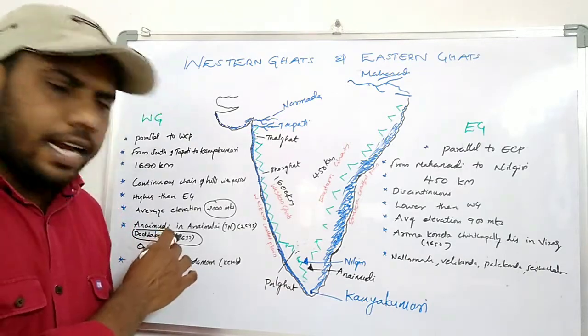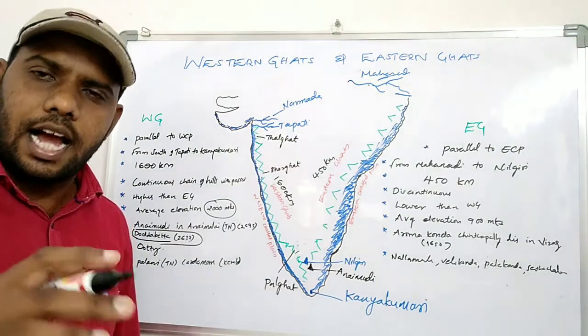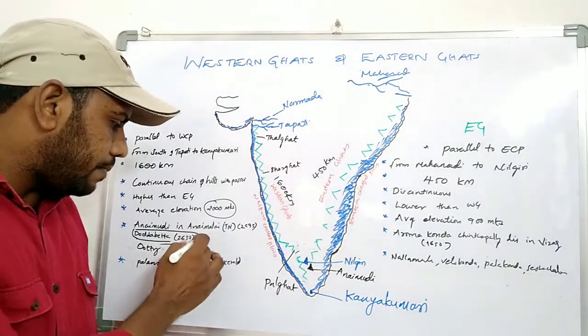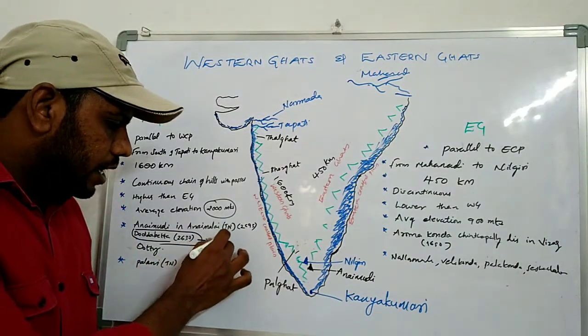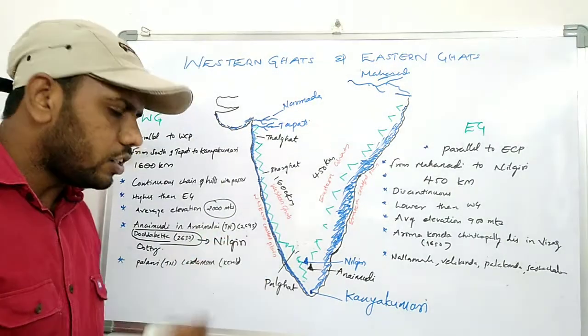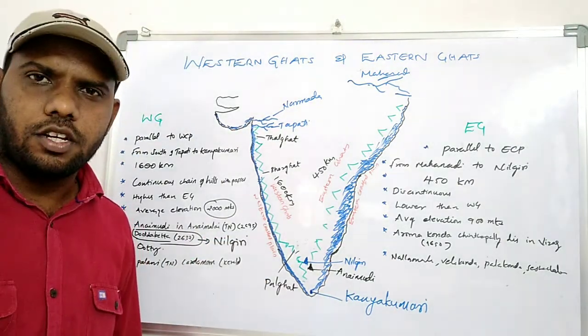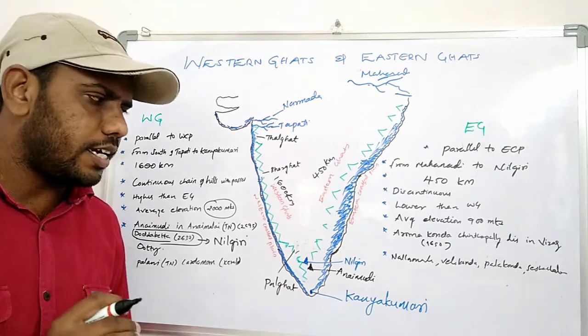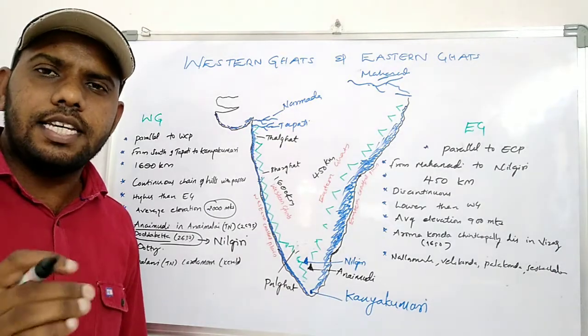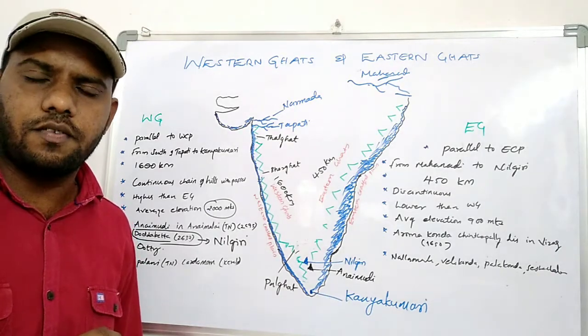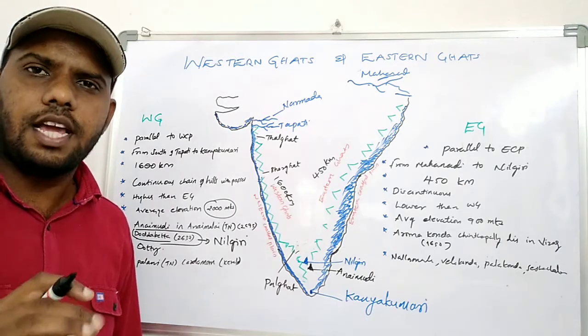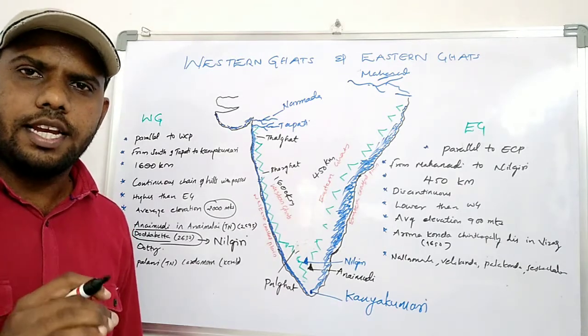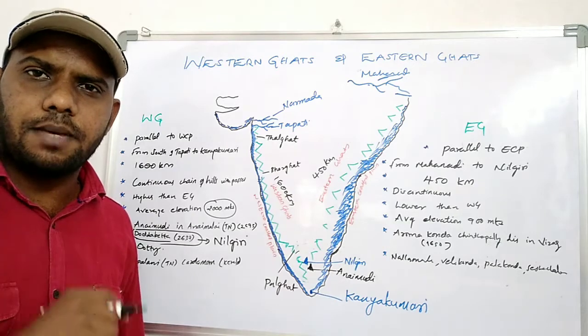Remember, Anemudi, where is it located? Anemale. Now Dodda Beta, where is it located? Dodda Beta is in the Nilgiris. Carefully understand the question here, children. Which is the highest peak in South India? You should write Anemudi. Next, which is the second highest peak in South India?